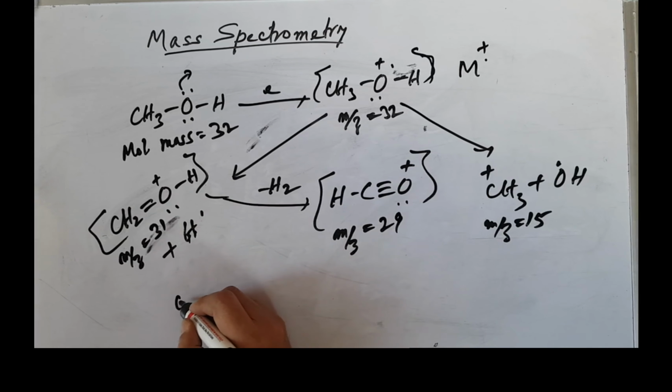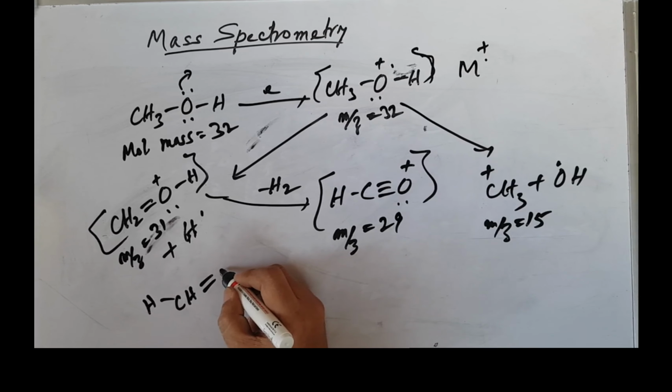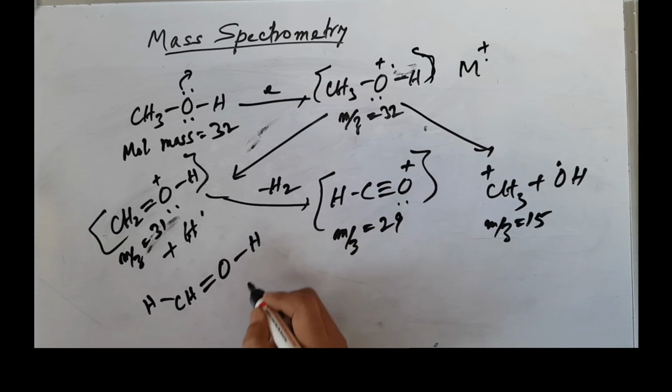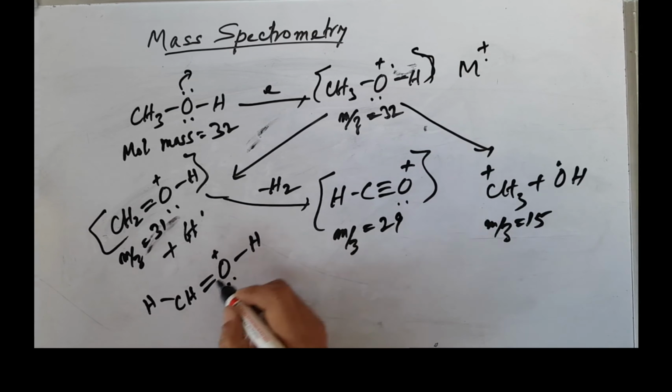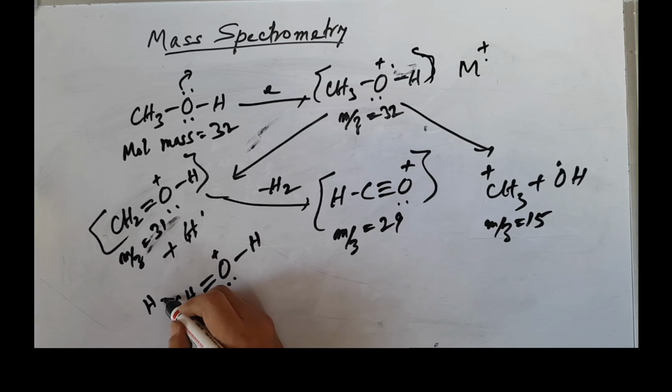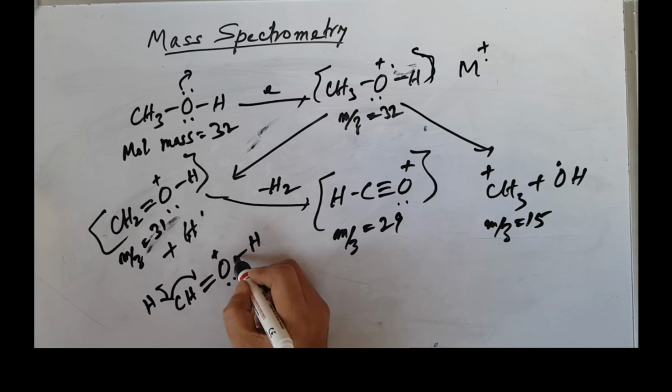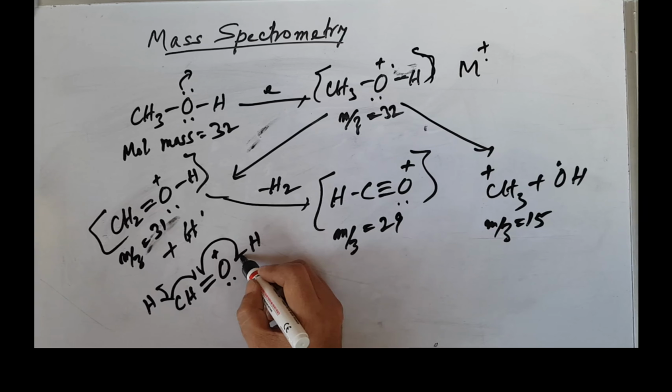I'll show you the mechanism of this. Hydrogen here, double bond. Here two hydrogen atoms will be lost, and the positive charge is here. The first one will be lost here, another one will be here, and lost like this.